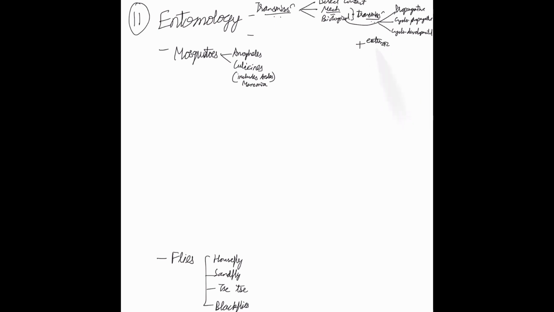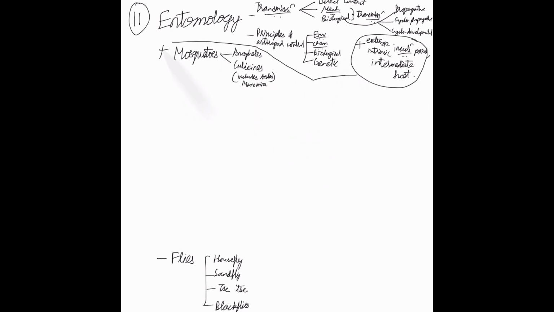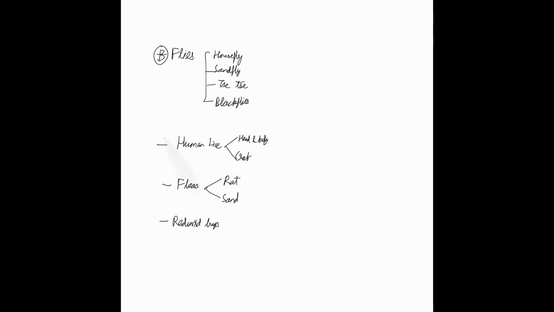Biological transmission can be propagative, cyclopropagative, and cyclodevelopmental. Then we have principles of arthropod control, which include environmental, chemical, biological, and genetic measures. We also learn what is an extrinsic incubation period, an intrinsic incubation period, and what's an intermediate host.